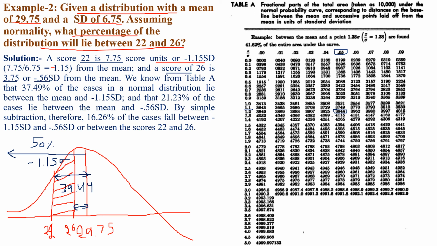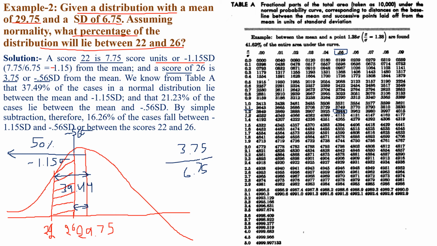So again we calculate 3.75 divided by 6.75. Now the value is 0.56. This part is shown as minus 0.56 standard deviation.